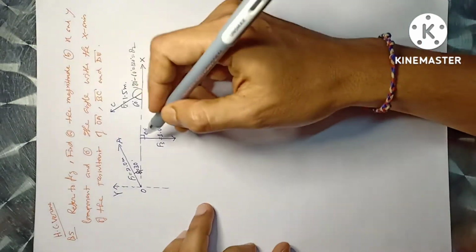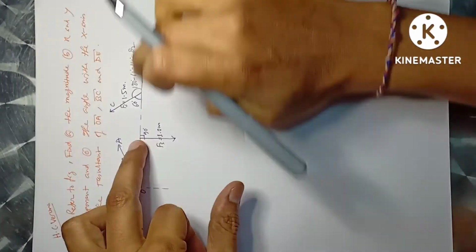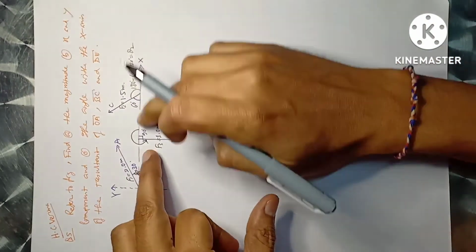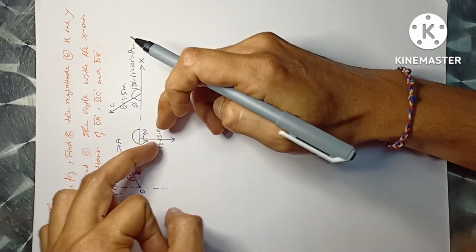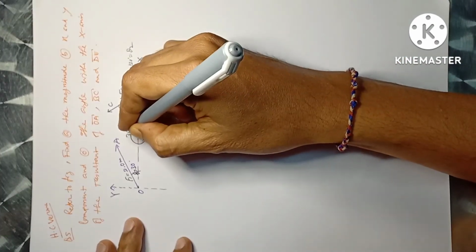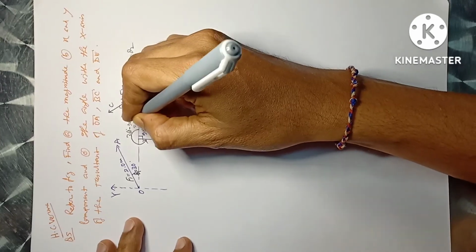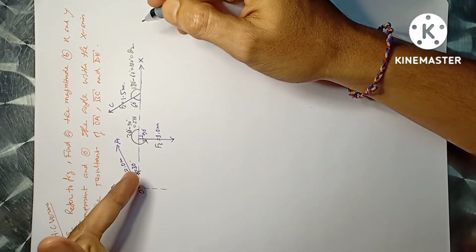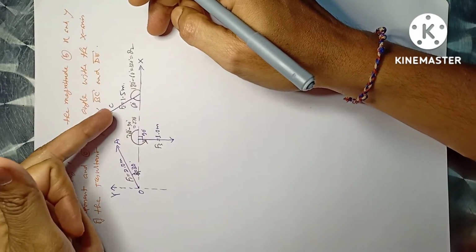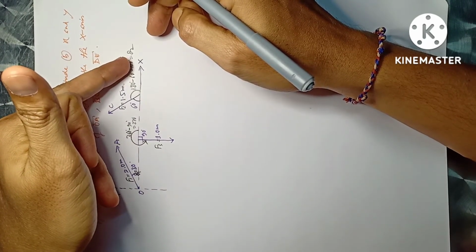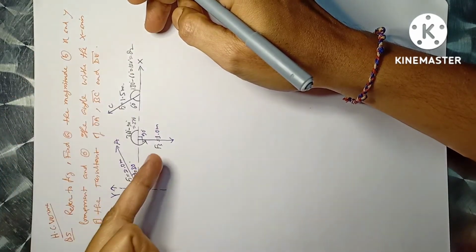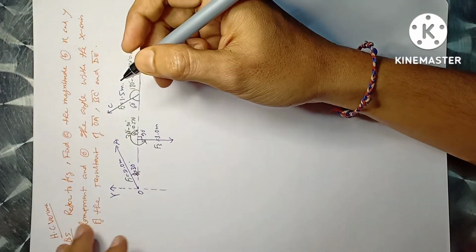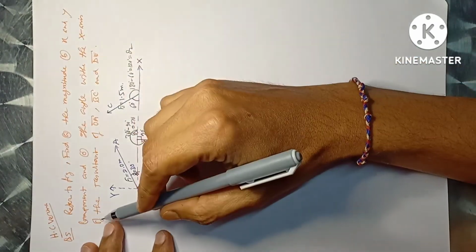For the third vector, along this direction, the angle made with the positive x-axis is 360 minus 90 degree, equal to 270 degree. So f1 vector makes angle theta 1, 30 degree, with the x-axis; f2 vector makes angle 120 degree; and f3 vector makes an angle theta 3, 270 degree.